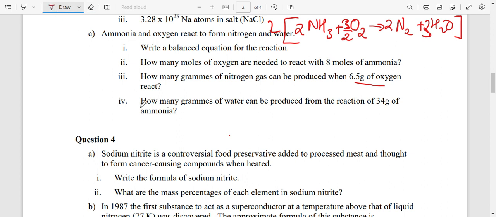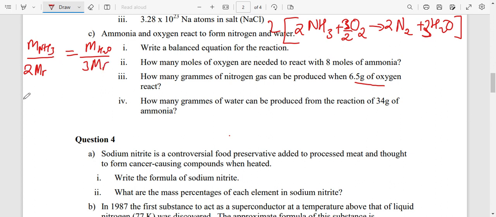Okay. And then how many grams of water can be produced from the reaction of 34 grams of ammonia? Now we're relating ammonia with water. I can actually just use the same one which is given. So mass of ammonia divided by 2, the molar mass of ammonia, is going to be equal to the mass of water divided by 3, the molar mass of water.